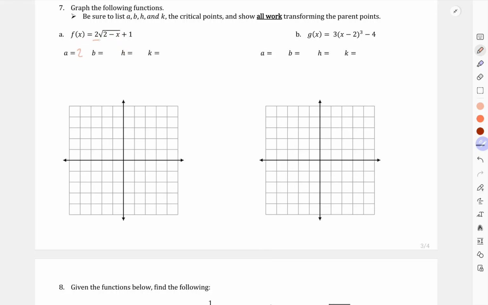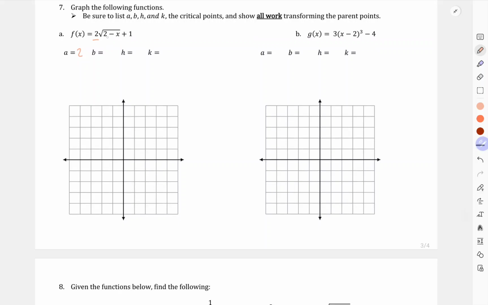So we write down 2. Now our B is here, right? So our B in this case is, well, I would say that it is -1. Yeah, -1. So our H is still 2 here, and our K is 1 out here.